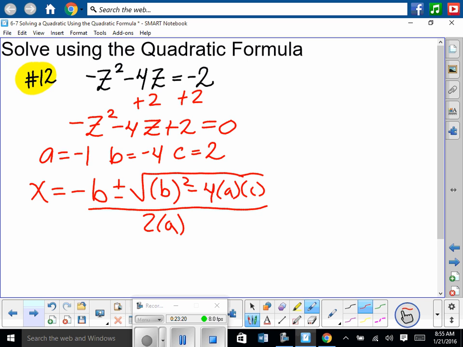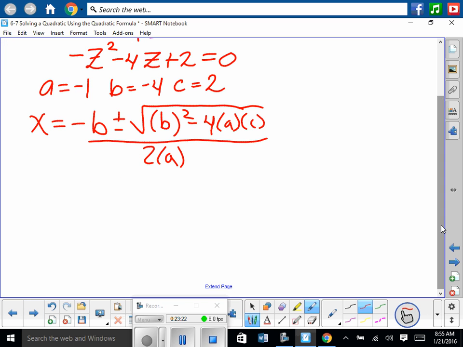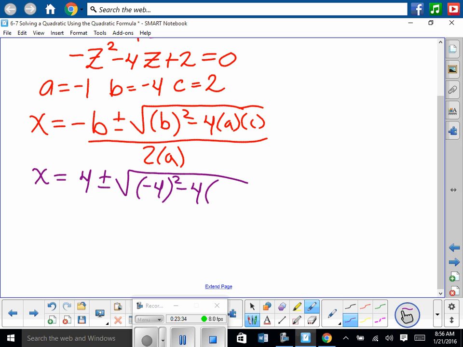Plugging it in, opposite of b would be positive 4 plus or minus the square root of negative 4 squared minus 4 times a is negative 1, times c is 2, and it's all over 2 times negative 1.